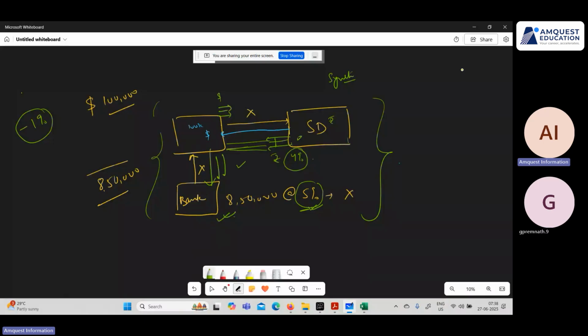Let's say there are no other transactions. The swap dealer would want to charge 1% for himself. That's the reason it could be less than what you're paying the bank. It has nothing to do with purchasing power parity or the differential in the interest rate. And the question might come up that the swap dealer is also paying you 5%. That's fine.